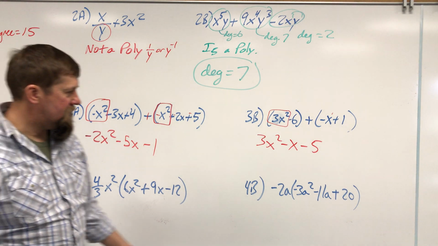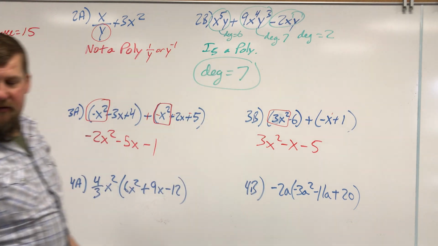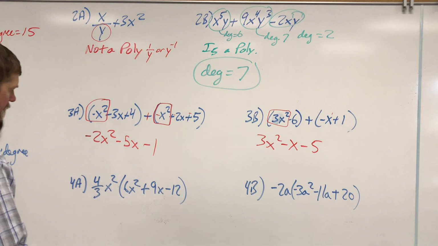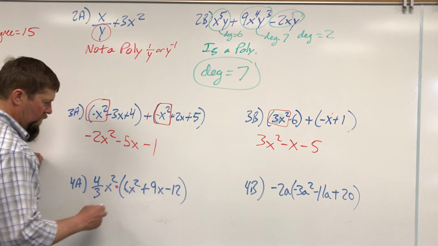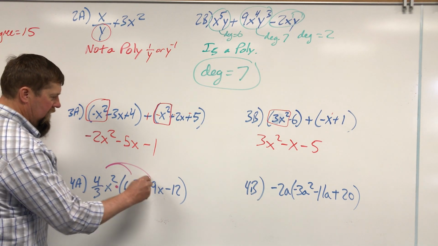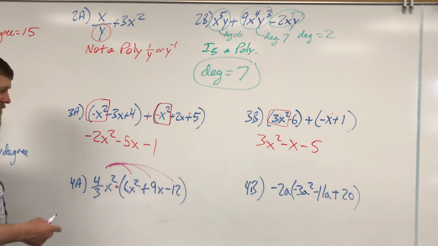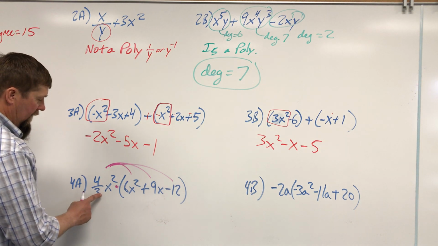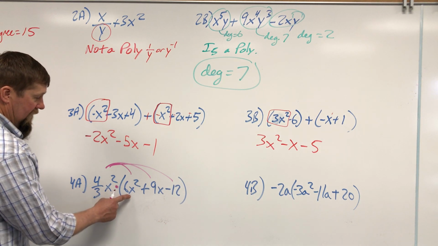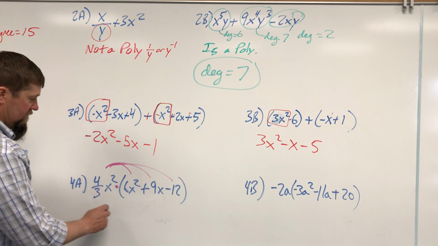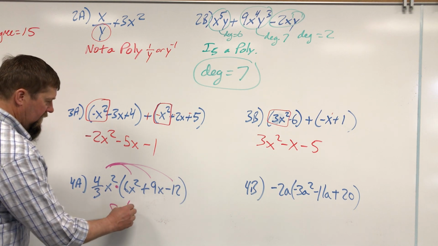Now, the next set of problems is example 4, and the directions say write or find each product. Well, this is like the distributive property. We are going to distribute what's in front of the parentheses times everything inside the parentheses. If I multiply 4/3 x squared times 6x squared, that is 24/3 or 8x to the 4th.